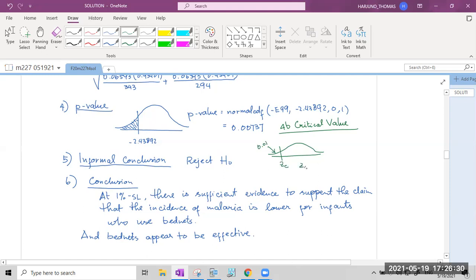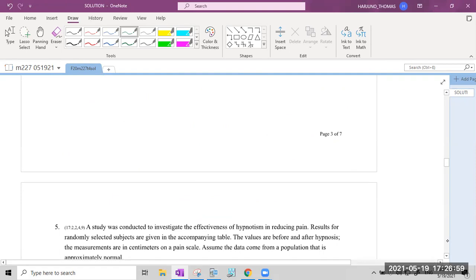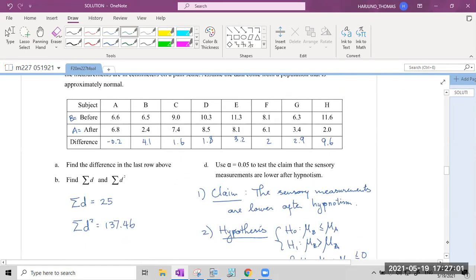Okay, so Z critical equals inverse norm of 0.01. I think that's negative 2.32 something. 2.32635. Now that's for question number 4.